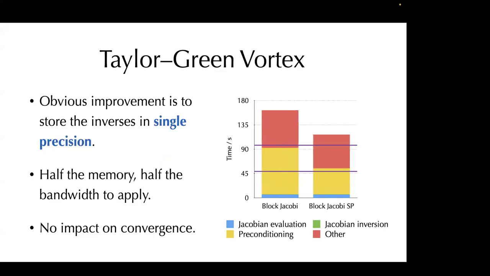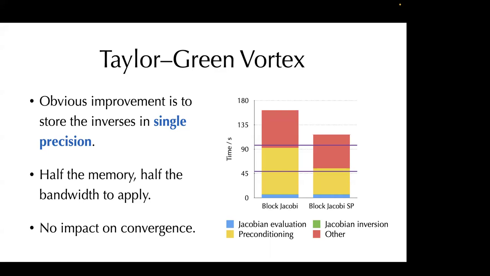Now here, an obvious improvement is to simply store your inverse Jacobian preconditioning matrices in single precision. So this means you need half the memory and half the bandwidth. Importantly though, all the calculations are still done in double precision. It is just the entries of the preconditioner matrix which are stored in single precision and then cast to double precision.